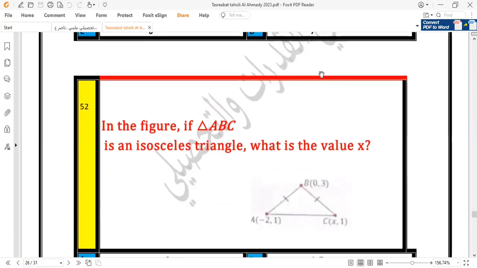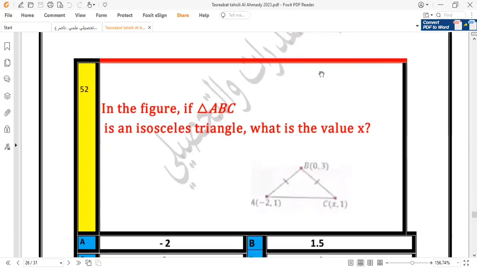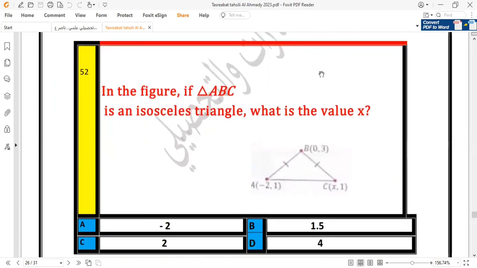This is the last question in this video. In the figure, if triangle ABC is an isosceles triangle, what's the value of x? The isosceles triangle means that two sides are congruent, so you have to find the length of each side.